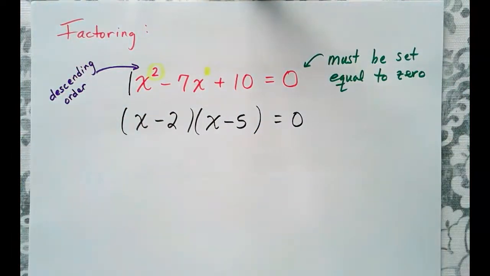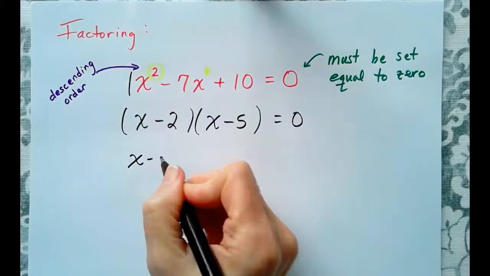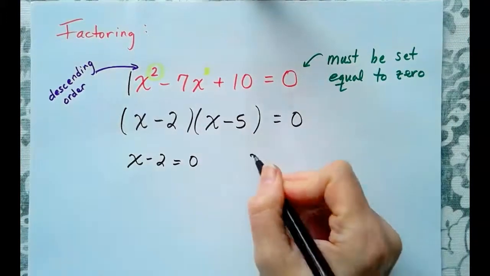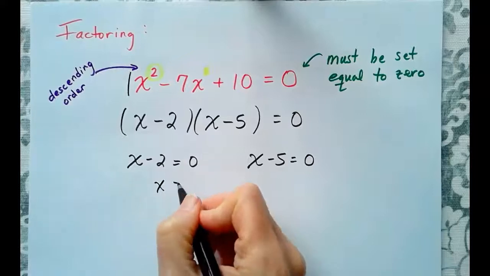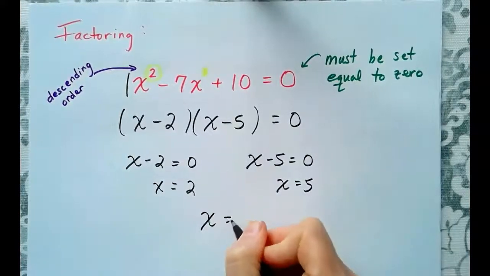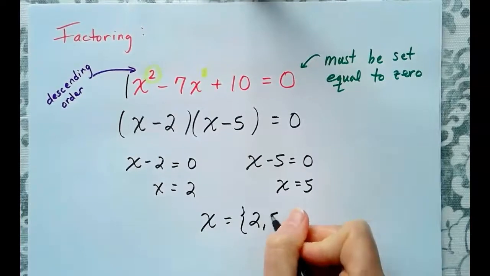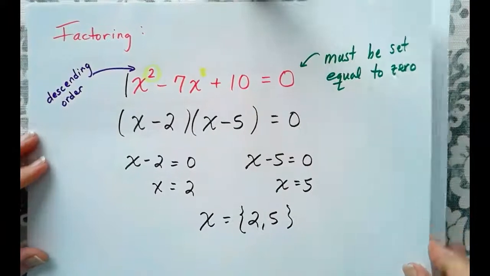After we factor it, we're going to take each factor and set each factor independently equal to 0, which will give us our two x-intercepts of positive 2 and positive 5. So our solutions are 2 and 5. So that is solving by factoring.